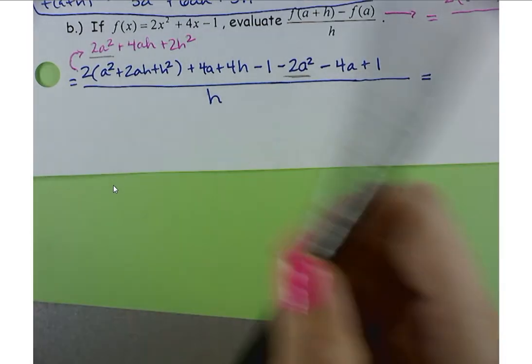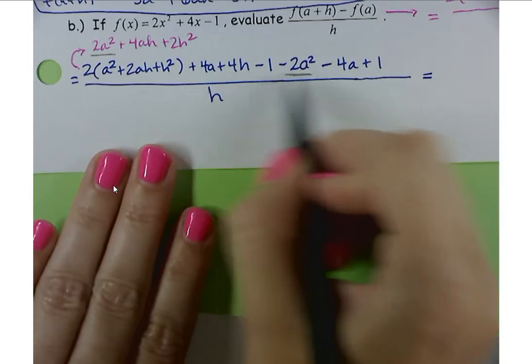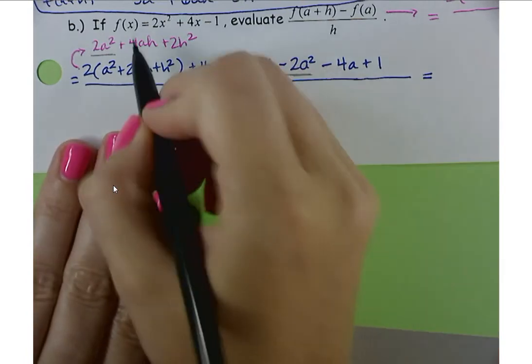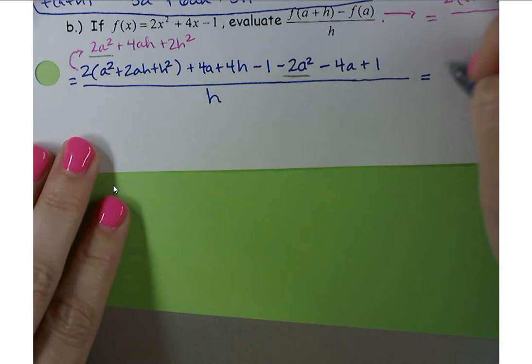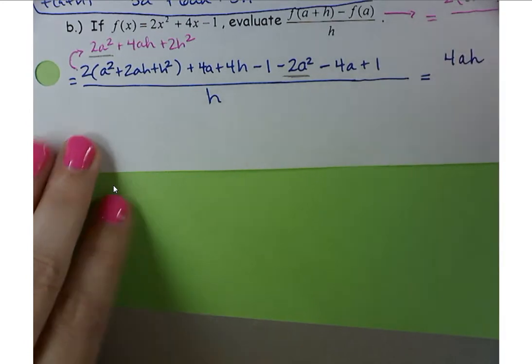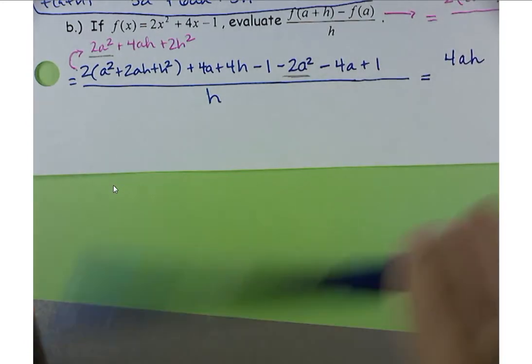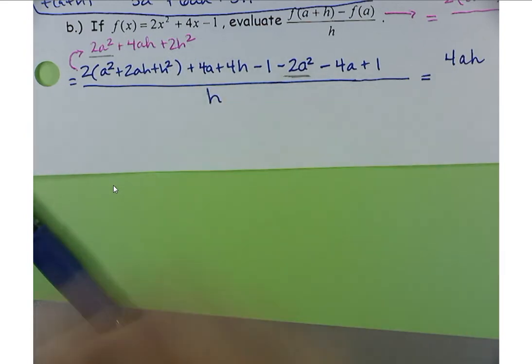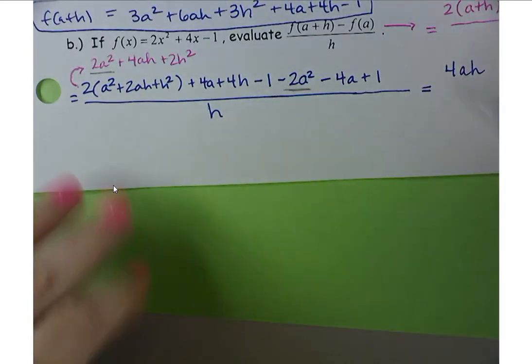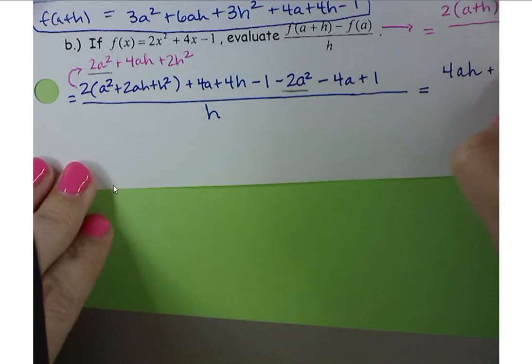And then I have 4ah. Do I have any other ah's? Nope, so I'm going to have 4ah be my first thing I'm writing on my next step. I have 2h squared. Do I have any other h squareds? Nope, so I'm going to do plus 2h squared.